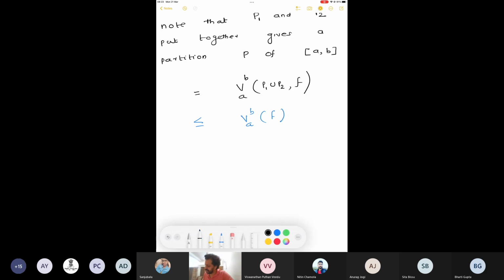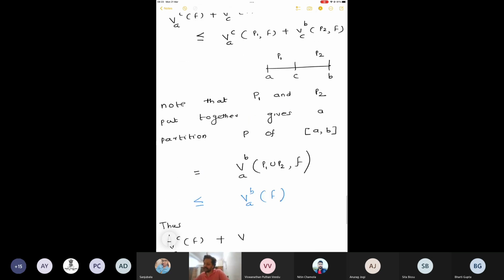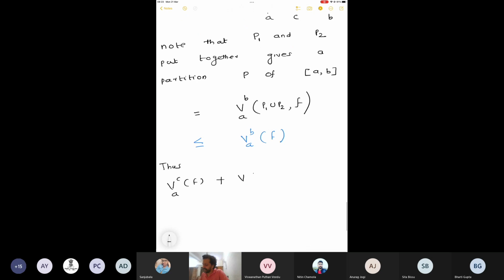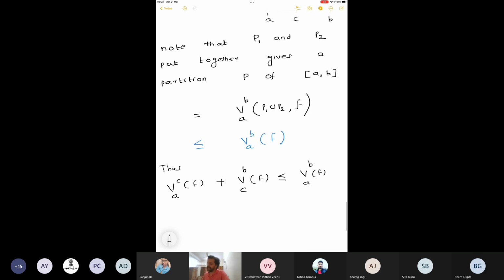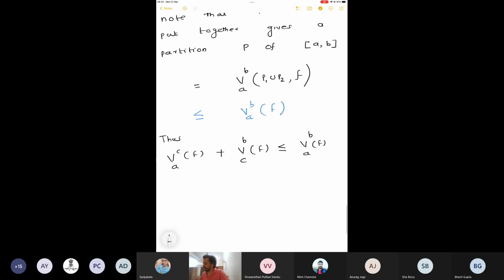Thus, what we get is variation over AC of F plus, look at the right hand side, total variation of F over the interval CB is less than or equal to total variation of F over the interval AB plus epsilon. Epsilon I am transposing to the other side.